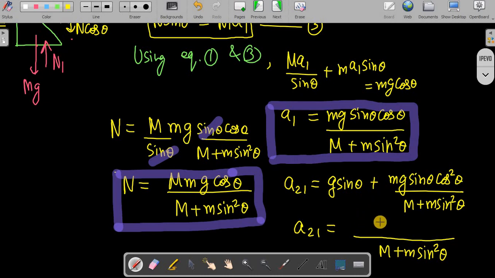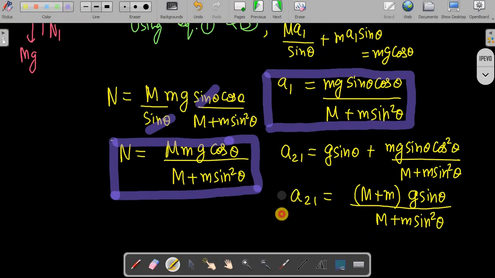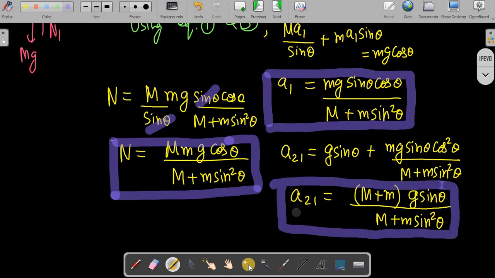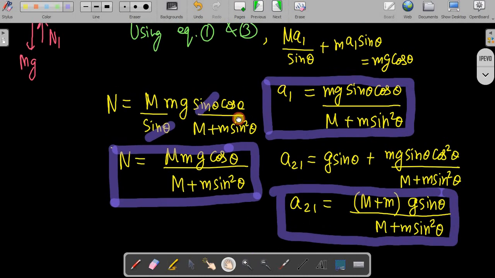So g sin theta will definitely come out, and here we will have capital M and small m, right? Yes, this is the acceleration A21. Now we know this acceleration A21. So you can see, you can calculate all the things.